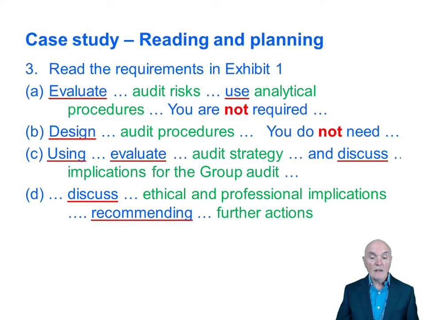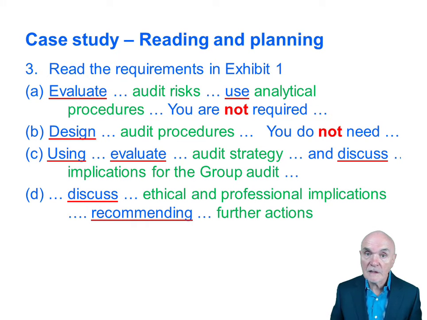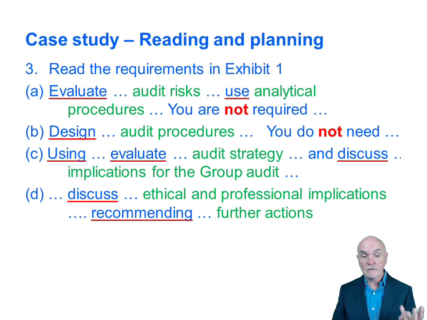Similarly, at part B, we have to design the audit procedures, but we do not have to do something else. Note that most of these have got 2, maybe 3 kind of sub-requirements.